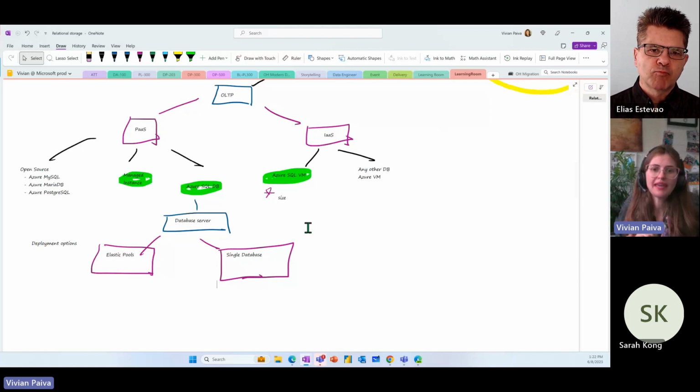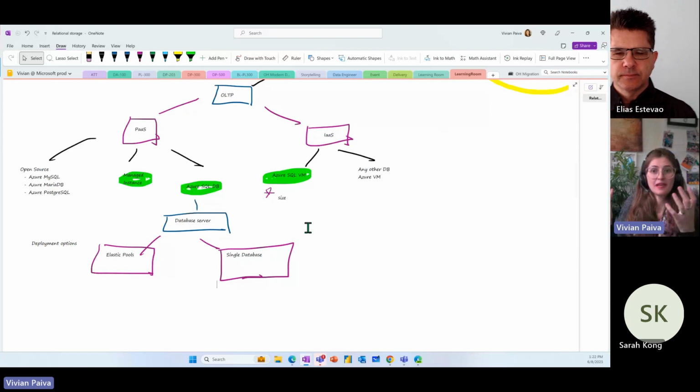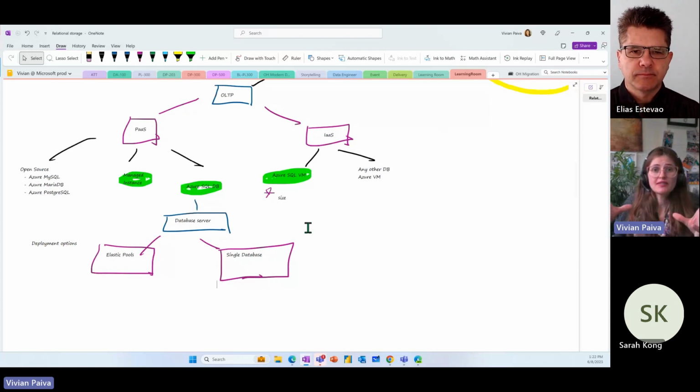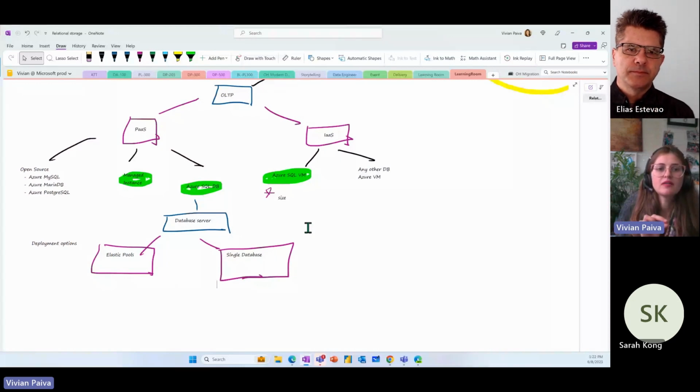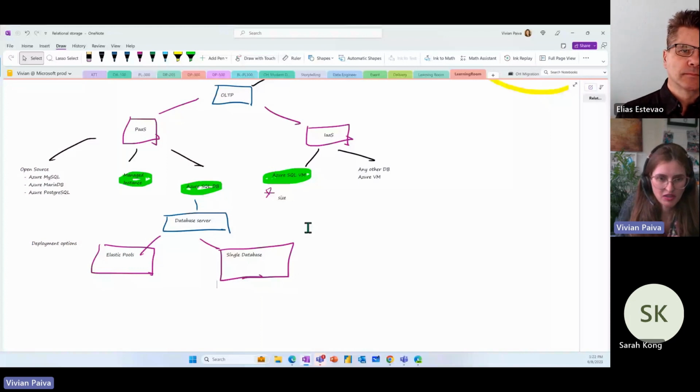I will pay for that pool of resources, and the different databases allocated to that elastic pool would be sharing that resource. I could even set the min and max of the resource utilization per database. Important here is that the databases that are part of elastic pools do not have concurrent peaks of utilization.